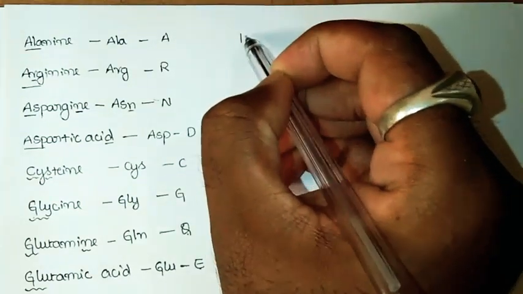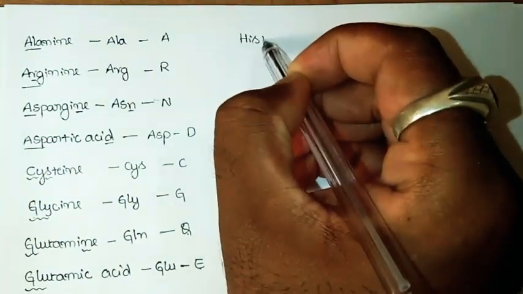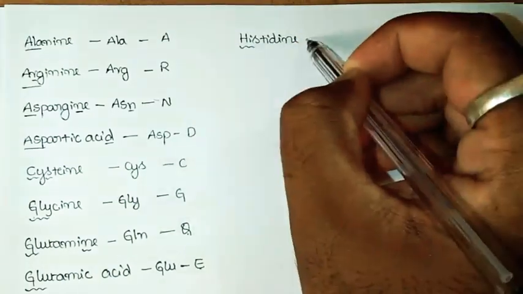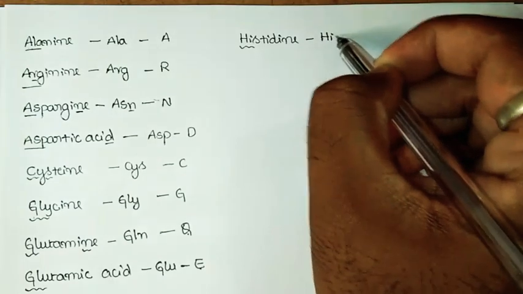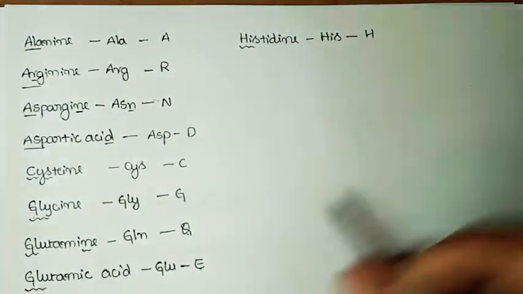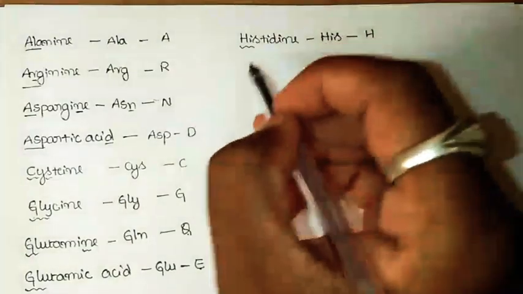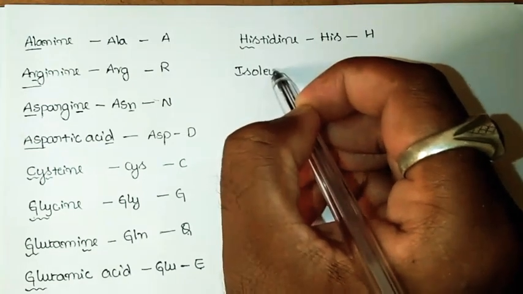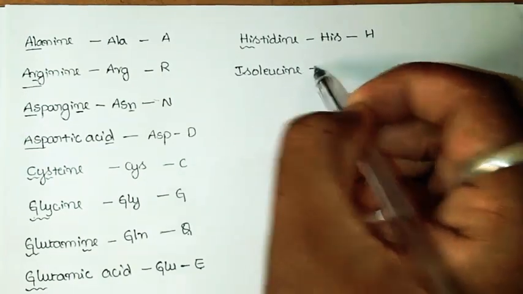So we'll be going with one more, that is histidine. The first three letters HIS will be taken to indicate histidine, and the first letter H is given for the amino acid histidine. And the next amino acid is isoleucine.